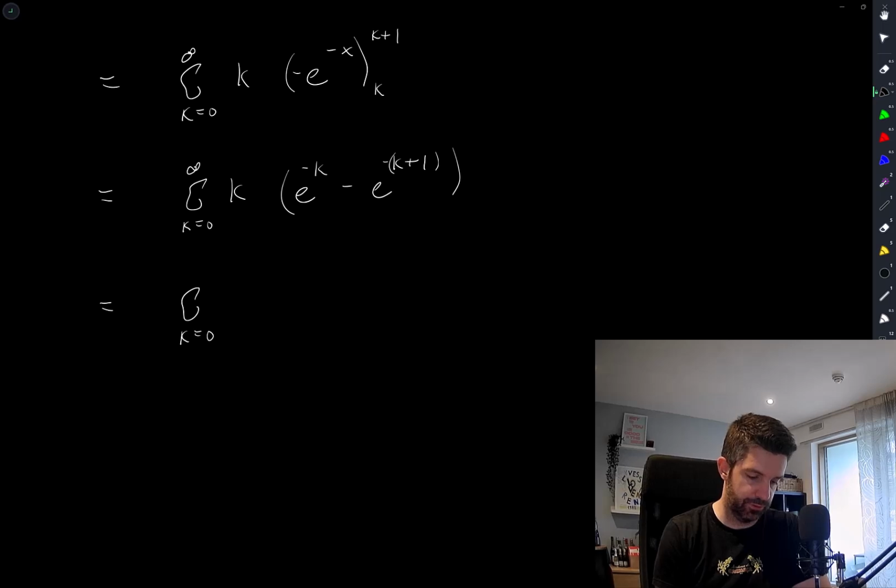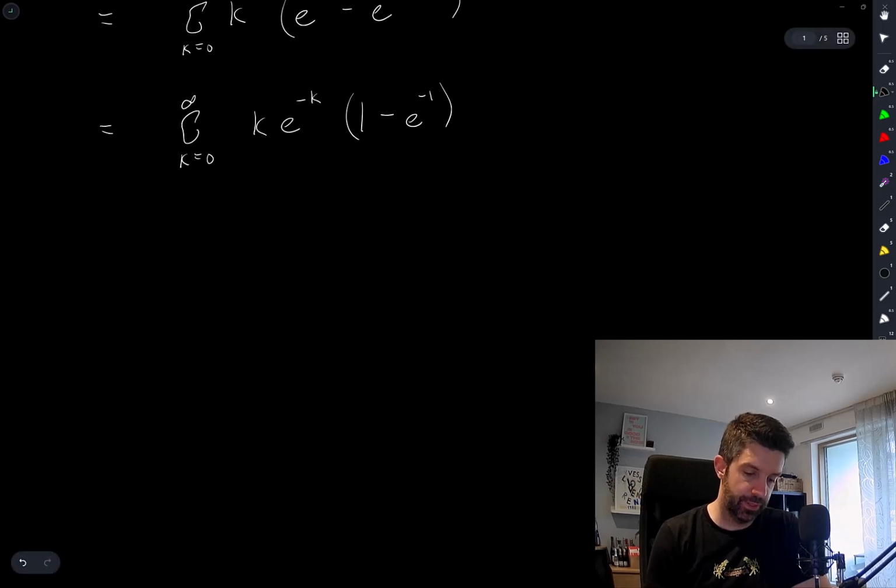The sum k goes from 0 to infinity of k times e to the negative k times 1 minus e inverse, right?